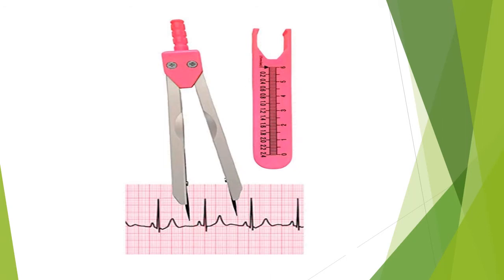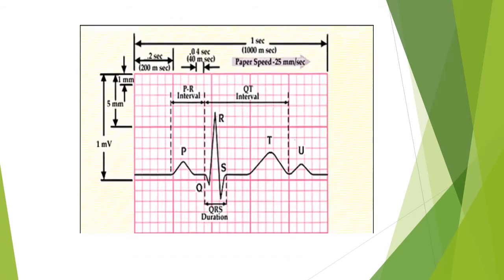The ruler, as you see, has distance on one side and time on the other side. For each 5 millimeters it is 0.2 seconds. Currently, knowing that the ECG paper moves out of the machine at a constant speed of 25 millimeters per second, the ECG paper is now pre-calibrated.